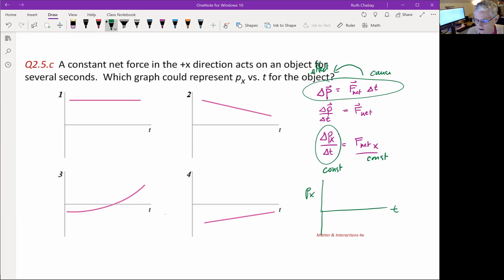And so for graph 1, the slope is 0, so F net x is 0 here. Now, okay, in a trivial sense, a 0 net force is a constant net force, but that wasn't the intent of the equation.